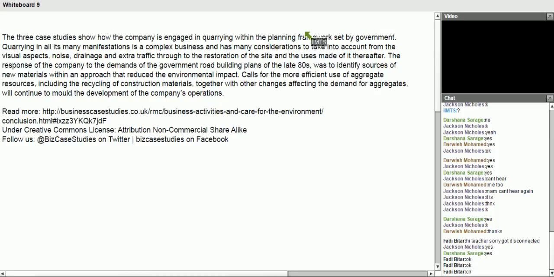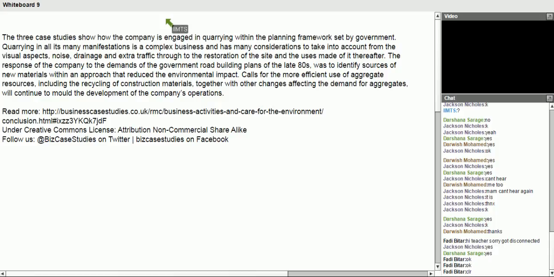They follow all the government norms when they choose a site or decide to quarry. Quarrying in all its main manifestations is a complex business with many considerations to take into account, from the visual aspect to noise and drainage. Everything has its cons, and quarrying is not that eco-friendly, but they have arrangements to restore the site once their work is done.